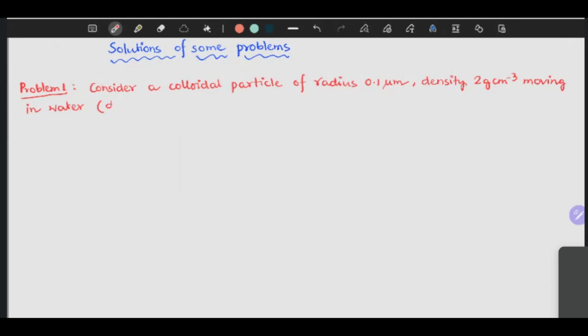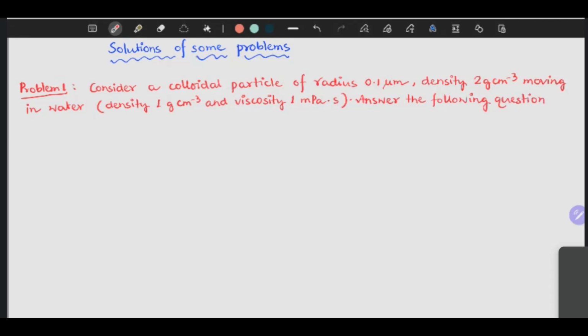Water has density 1 gram per centimeter cube and viscosity 1 millipascal second. Then answer the following questions.